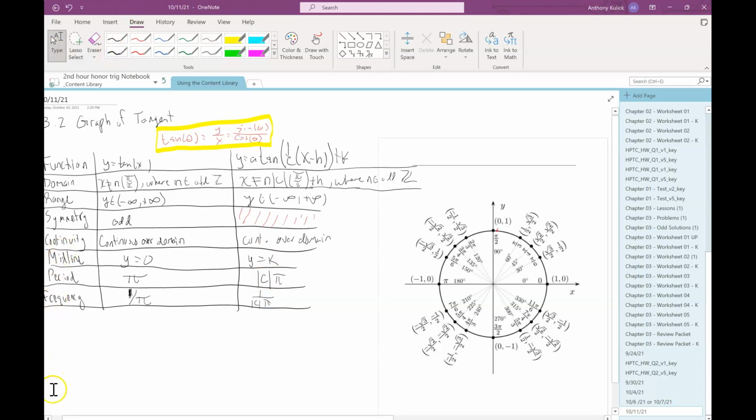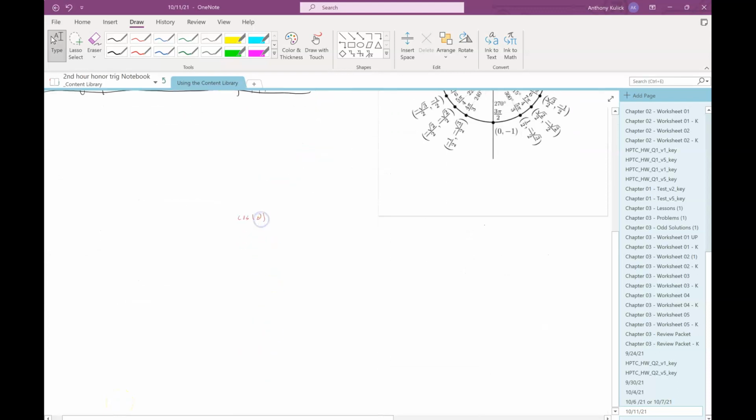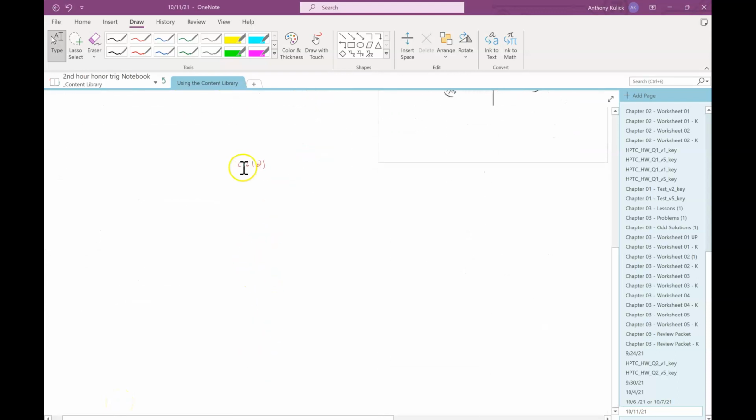Okay, let's look at a couple of examples. Actually, before we do the examples, we should probably talk about the key points. So if we're going to go from the equation to the graph for tangent, our key points that we're going to use are as follows.